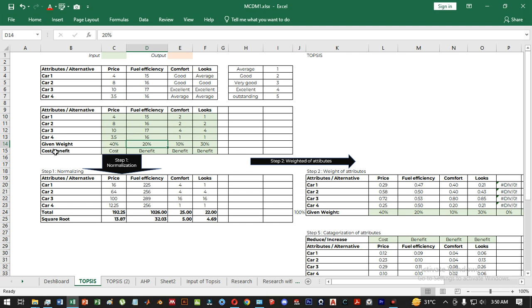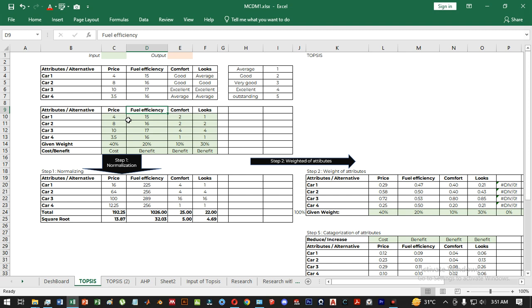One thing you have to notice is that you have to put one more thing to these attributes: if an increasing price is good, then you have to put benefit, and if an increasing attribute is bad, then you have to put cost. So we have to minimize the price of the car, that's why we put cost.